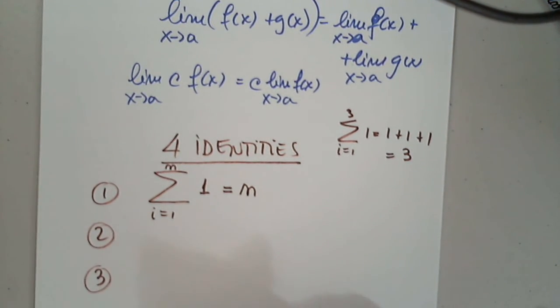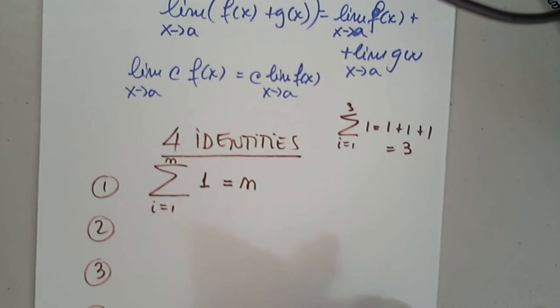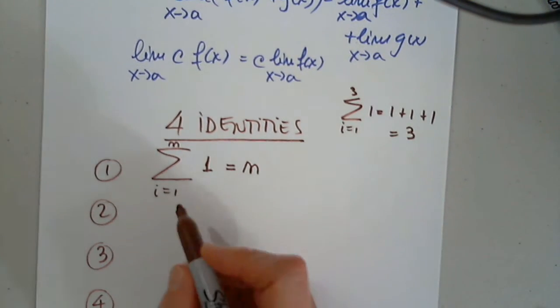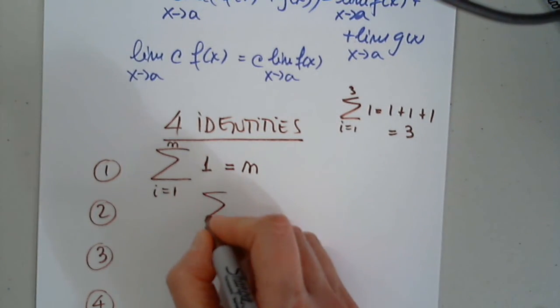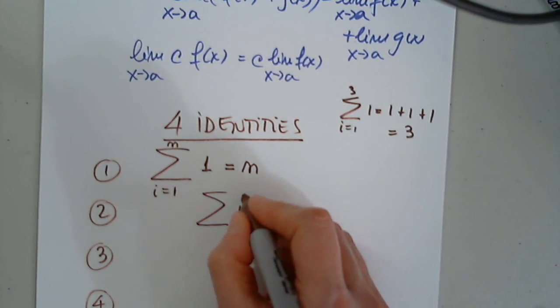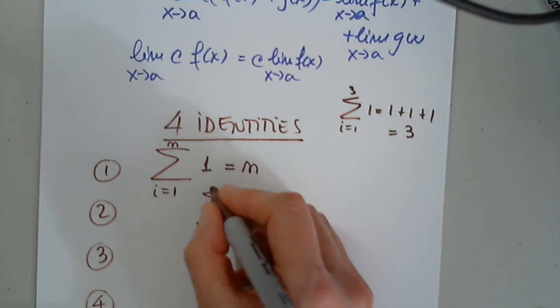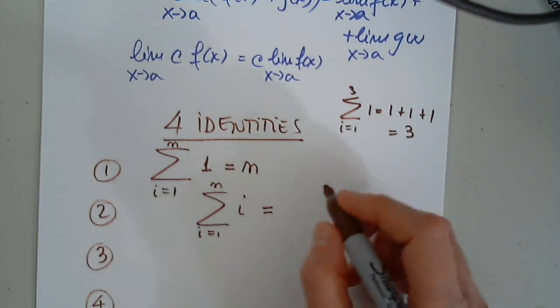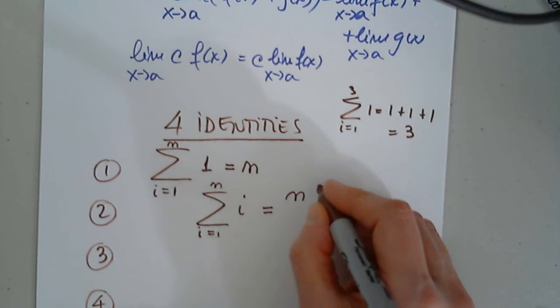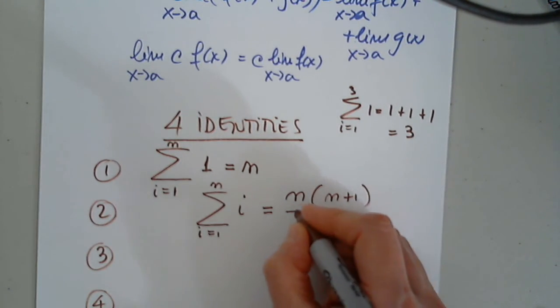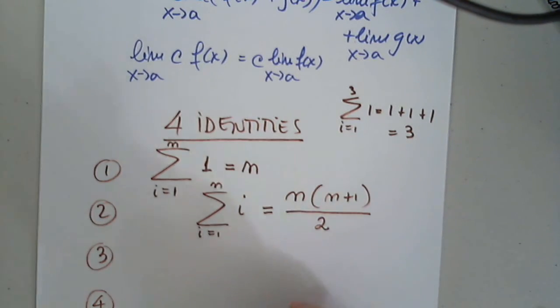Perfect. Okay. The other 3, we can prove them if you would like to prove them using mathematical induction. But we do this in pre-calculus. The sum of I, when I goes from 1 through n, the formula is, and you have to have these for the next test, for test 4, n times n plus 1 divided by 2.